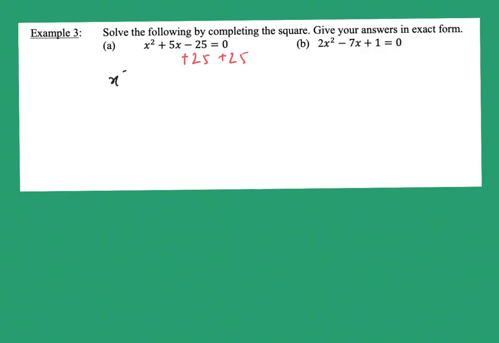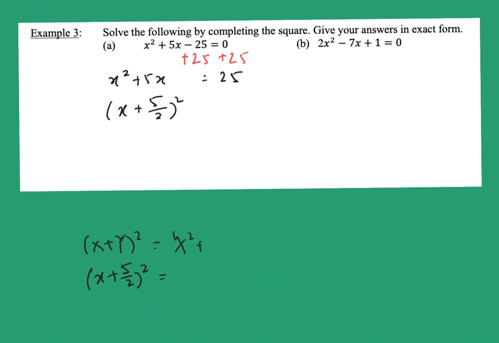So I end up with x squared plus 5x equals 25. And I want to add something here to make this a perfect square. I want to make this x plus half of 5, so 5 over 2, squared. When you expand x plus 5 over 2 squared, this is the same as the formula x plus y squared, which expands to x squared plus 2xy plus y squared.